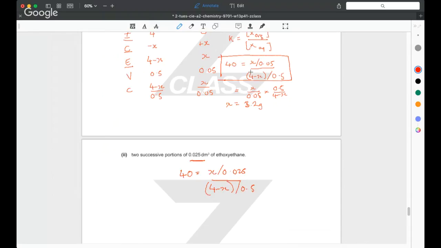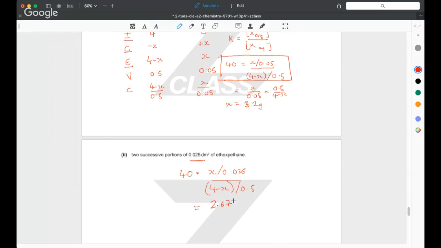So it's exactly the same as the calculation you had before, except you've got a smaller volume of ethoxyethane. When you do that maths, you end up with not 3.2 grams as we had before, but 2.67 grams.